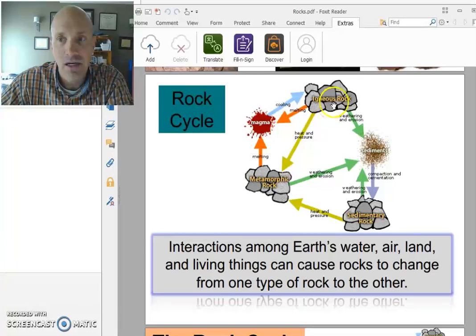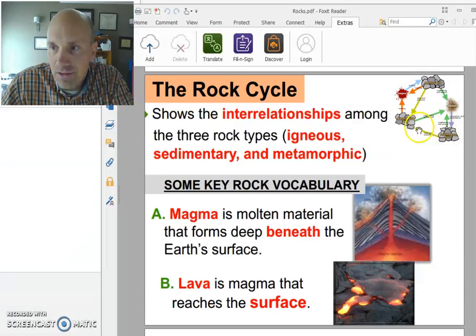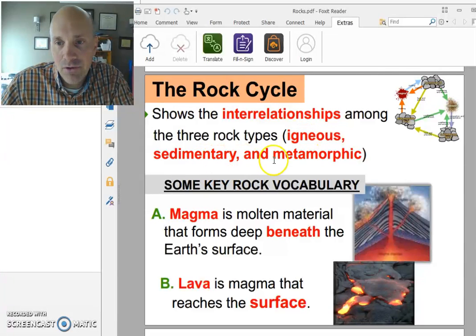Igneous rock, if you put it under enough heat or pressure, can get turned into metamorphic rock. So all of these types of rocks are totally interrelated, and we'll go a little bit more into that later. The rock cycle shows the interrelationships among the three rock types, which are igneous, sedimentary, and metamorphic.